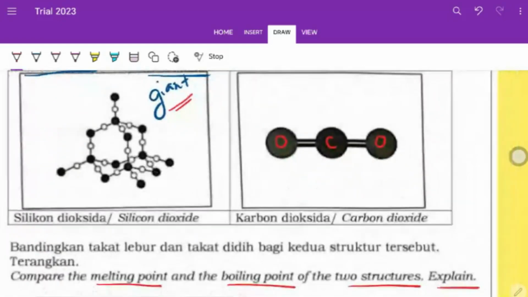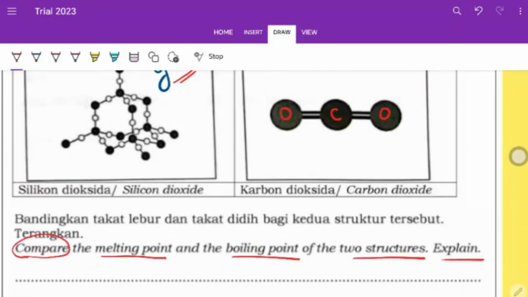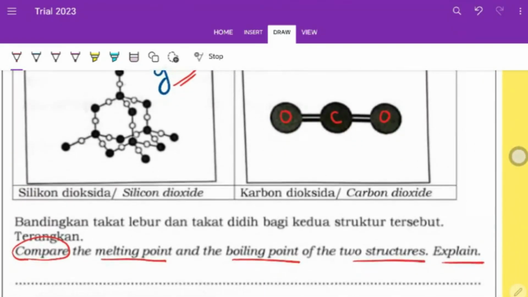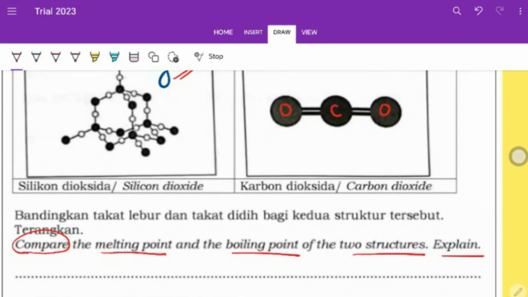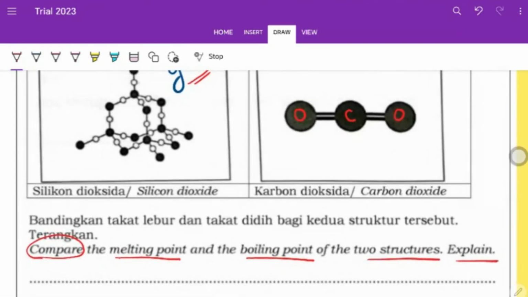So class, compare, meaning that you must have the comparison. If we want to compare, which one has a higher one? Giant one. Okay, why? Logic, right?